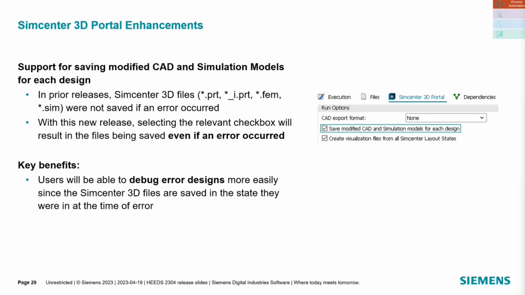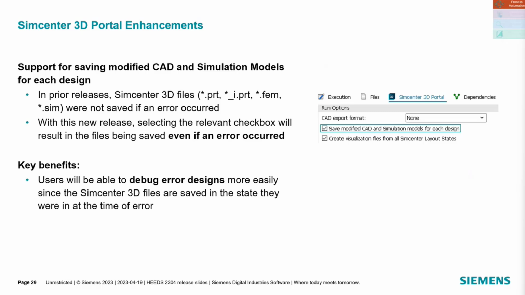SimCenter 3D portal enhancements, that's another commonly used portal. We've added support for saving modified CAD and simulation models for each design. The purpose behind this essentially is that sometimes we can't avoid the fact that our simulation model may break down, but we want to be able to save that model so we can understand why it broke down.